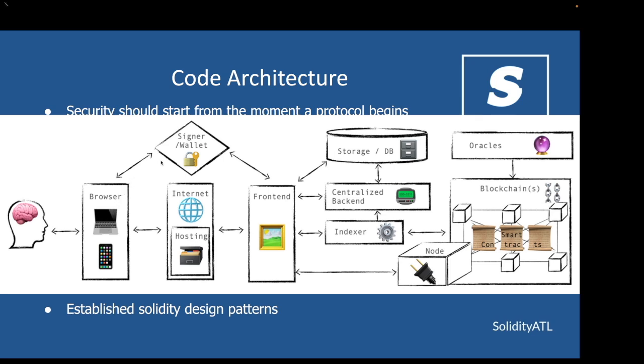The user can be interacting directly through the browser, or they could just be a wallet, so there's not that much information about them, and that wallet is what's interacting with the front end. So this is an example of what a high-level architecture of a protocol might look like, and each of these pieces can be stepped into and have a lot more detail inside of it.